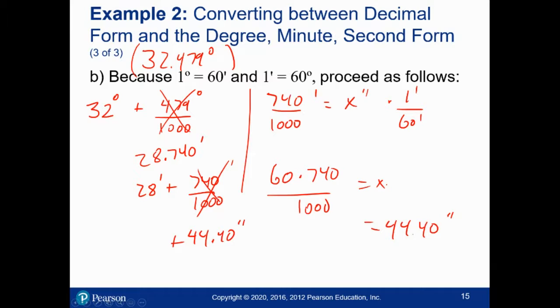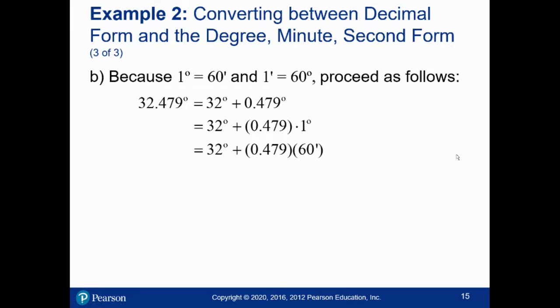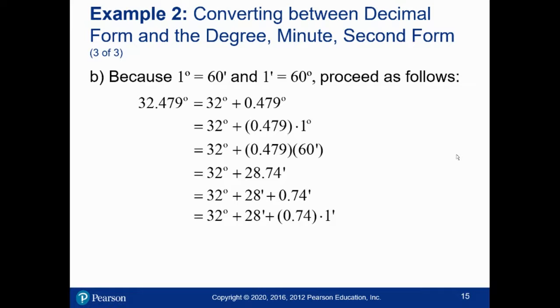Okay, so this is just converting back and forth between units. And again, I'm going to erase all of my work because the book is going to show it the way they did it. So they just pull off that decimal point there. That's 0.479 times 1 degree, but 1 degree is 60 minutes, which is 28.74 minutes. Then they pull off the 0.74. 1 minute is the same as 60 seconds, which gives us exactly the same answer.